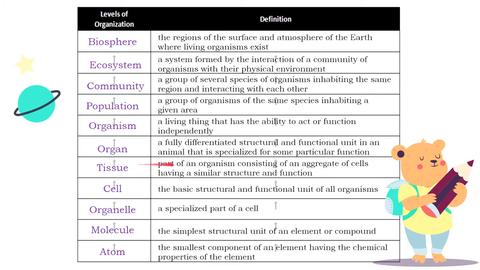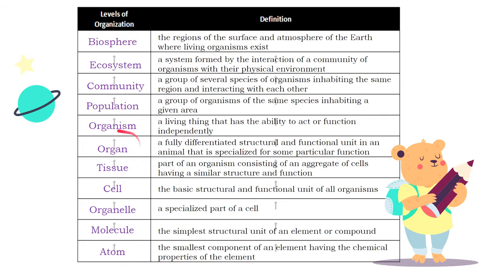Okay, so those tissues could form an organ. An organ is a fully differentiated structure in an animal that is specialized for a particular function. So several brain tissues can become the organ brain. Numerous heart tissues can form your heart. So as you go higher, they become more complex, okay, and quite a bit bigger.